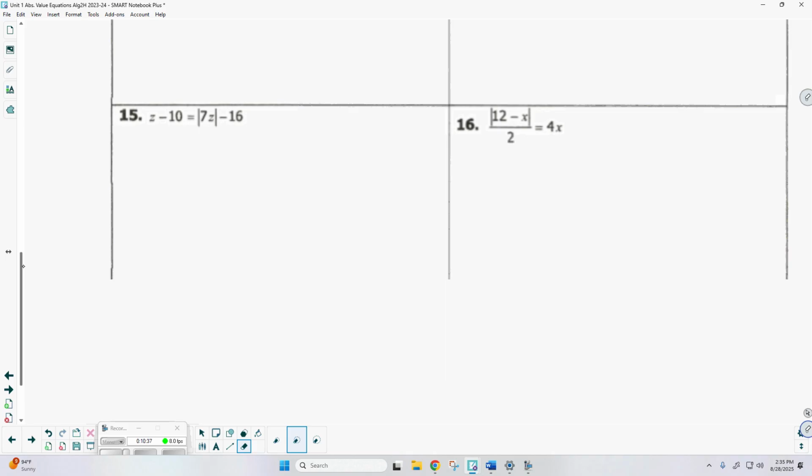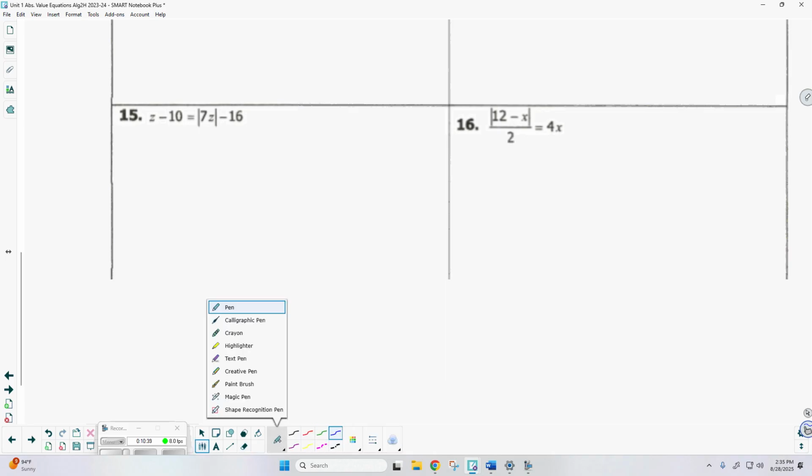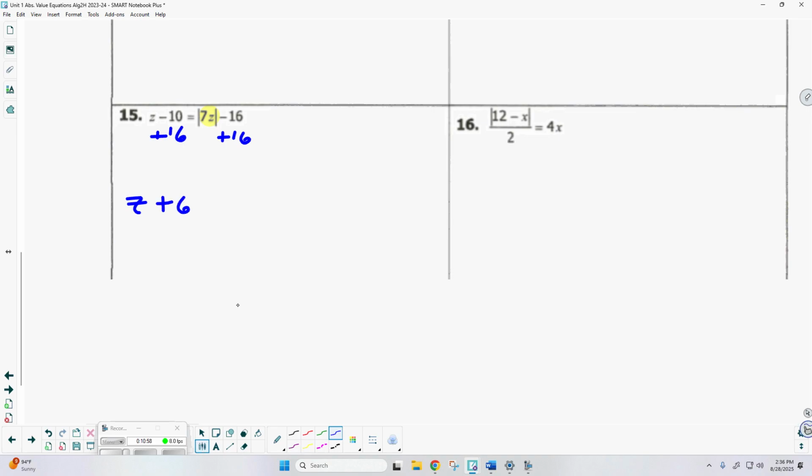That absolute value is not by itself. Okay. What's preventing me from moving forward? Okay, so let's get rid of that. So I'm going to go ahead and say plus 16. Plus 16. So I have z, negative 10 plus 16. What am I looking at? Plus 6 is equal to the absolute value of 7z.